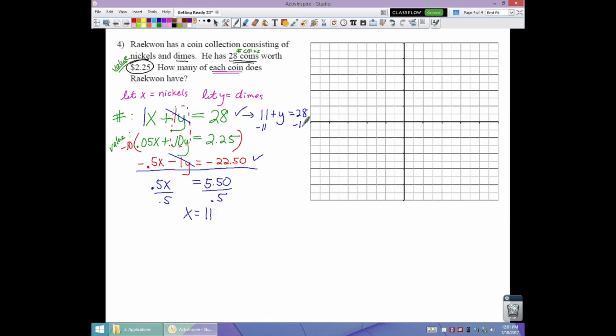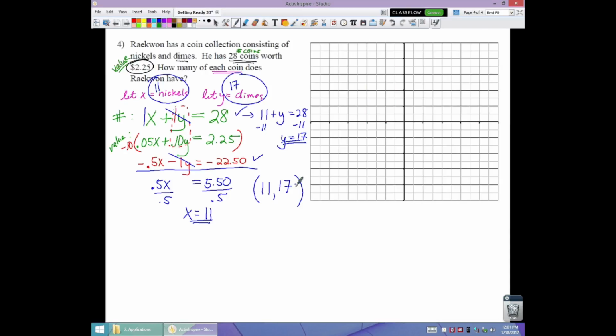Well, subtract 11 from both sides, y must be 17. So that means since x was 11, I have 11 nickels, and y is 17, I have 17 dimes. Or Raekwon has 11 nickels, 17 dimes. The point on the graph would be represented 11, 17.